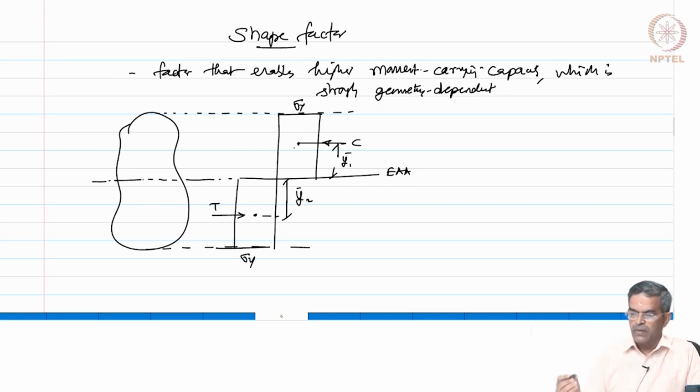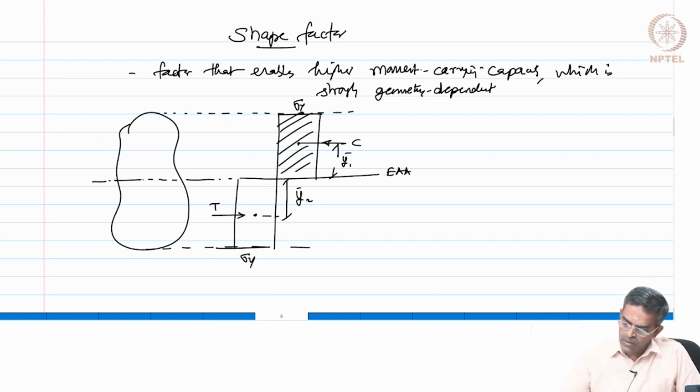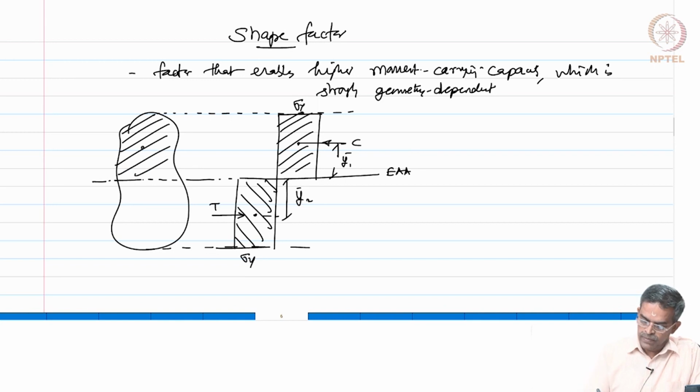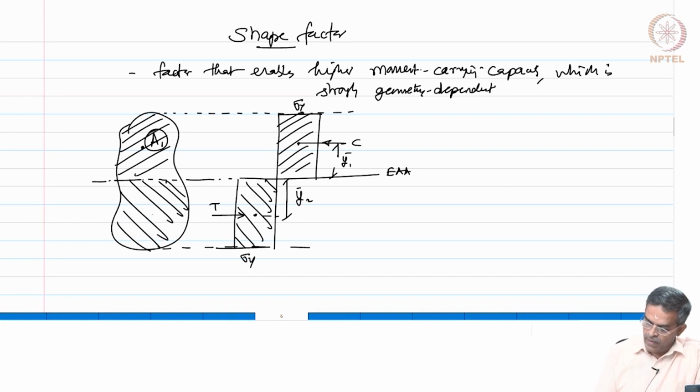Okay, this is C compressive force and this is tensile force. Let us say the corresponding area here is A1 and the corresponding area here is A2.